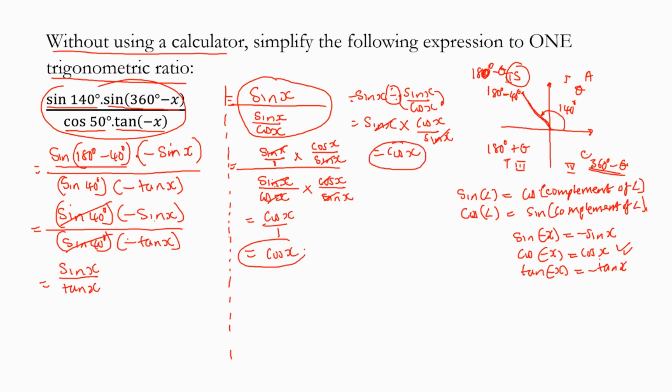Okay, that's what you're supposed to do there in question 5.1. Remember where you're getting the marks. To reduce this to this, you're getting a mark. To reduce this to this, you're getting a mark. So everything, this one, complementary angles gives you a mark. Negative angles gives you a mark.